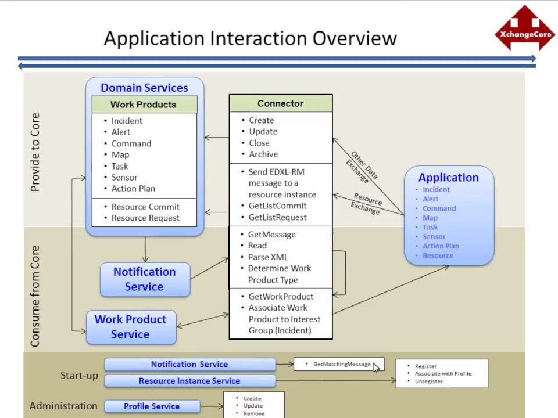Start up at the bottom. Once you start up the notification service, you then register with the notification service so that you can get notifications. You're known as a resource instance, so you're associated with specific work product types, and you're notified if those work product types are added or changed.